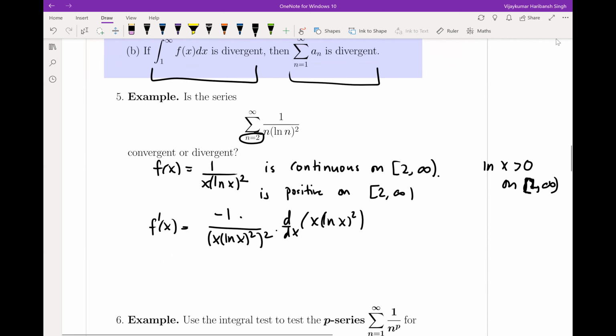This is a chain rule. So therefore we get minus 1 upon x ln x squared, the whole squared.